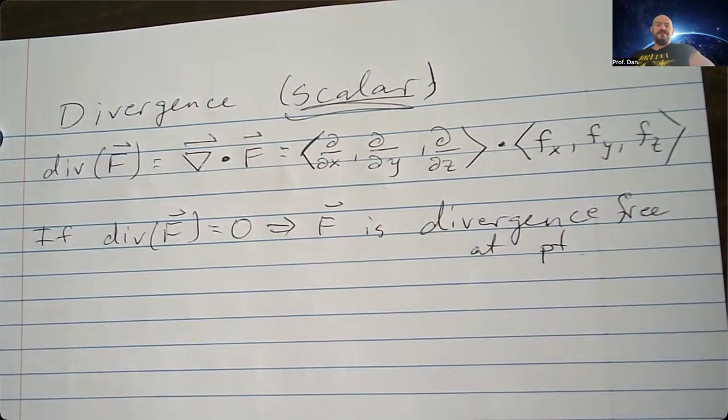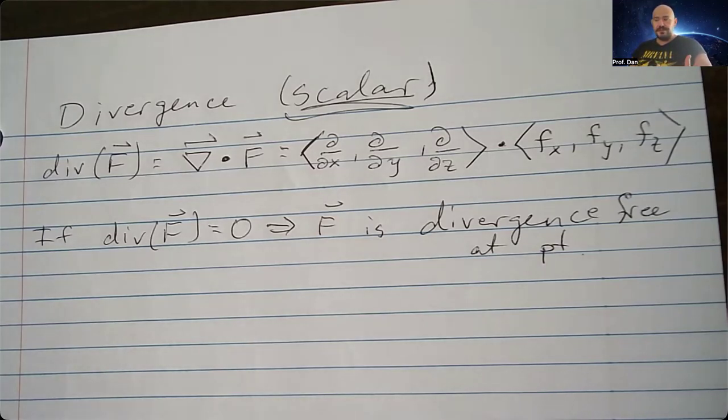Because remember, you can write your divergence out as a function of x and y and z, right? Just know that if you were to plug in an x, y, z to that function, you would get the divergence at a point, right? Similar to how just taking the first derivative gives you a formula for the slope of the tangent line.